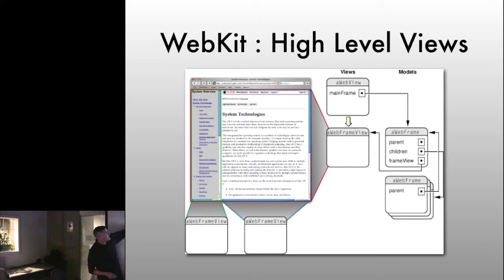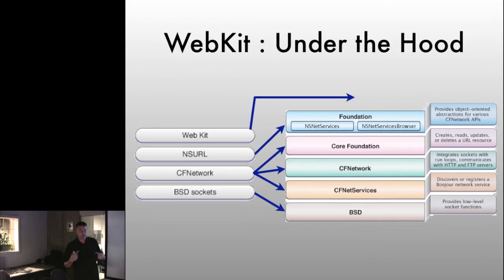You've also got frame views that you can use, but everything is modeled in a very orderly hierarchy, which lets you customize the browsing experience if you don't want just a full window or a full scaled view of your content, and you want some more browsing capability. That's all built in.